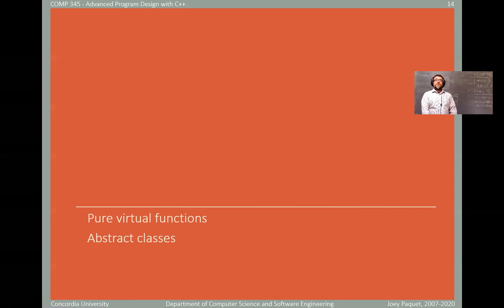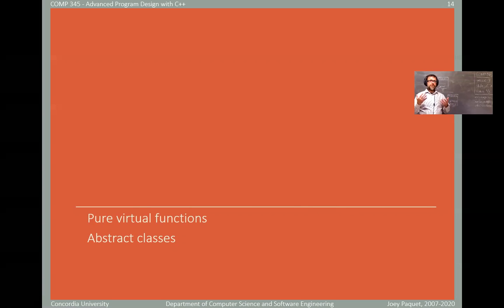Okay, so let's go to pure virtual functions and abstract classes. In Java, you have this notion of an abstract class. It's basically a class for which you cannot declare instances, which is somehow related to the notion of interfaces in Java, which you don't have in C++.